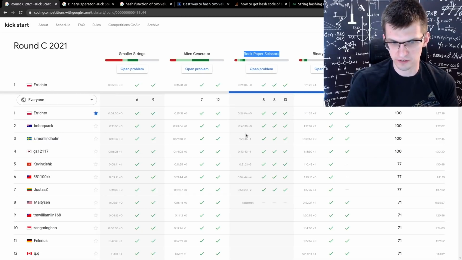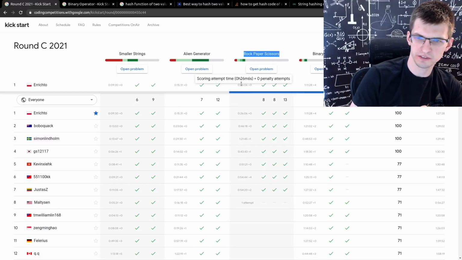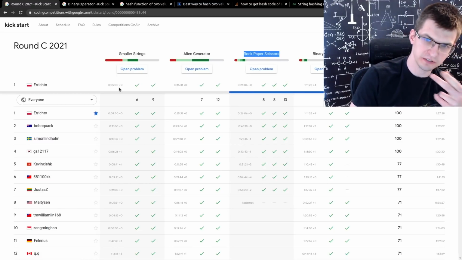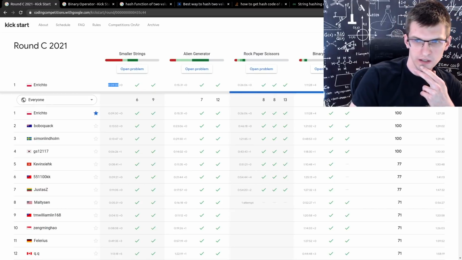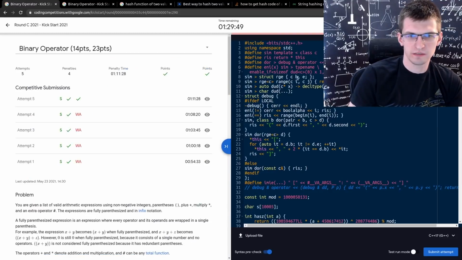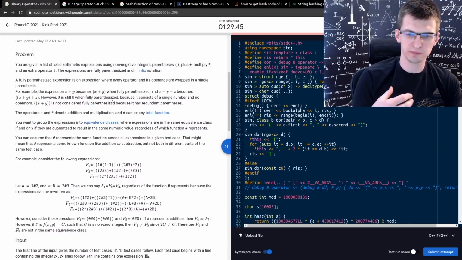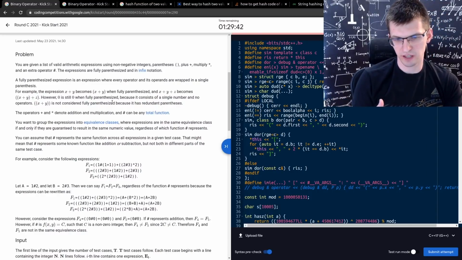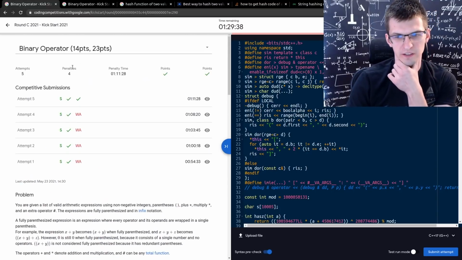If I look at the times of people in the top, I think other people will have strictly more than 10 minutes. Notice how after solving ABC, I was the first to solve ABC, even though I had a bad time here. And binary operator, I saw that technique somewhere. I first thought about making the lexicographically smallest possible expression equivalent to something, and maybe that's possible, but I'm very happy I finally got the idea.